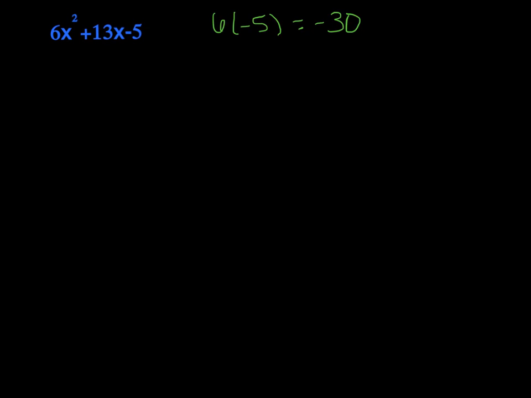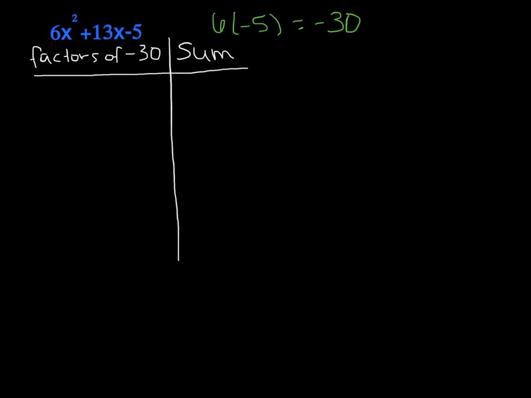So to break this down a little bit more, let's make a table. We're looking for factors of negative 30. Let's start there. So factors would be 1 and negative 30, right? And 2, negative 15. 2 times negative 15 is negative 30. 3 times negative 10. 5 and negative 6.